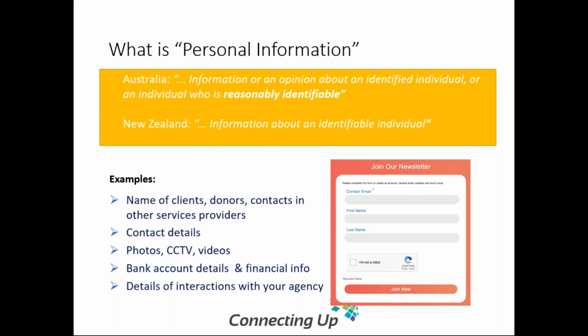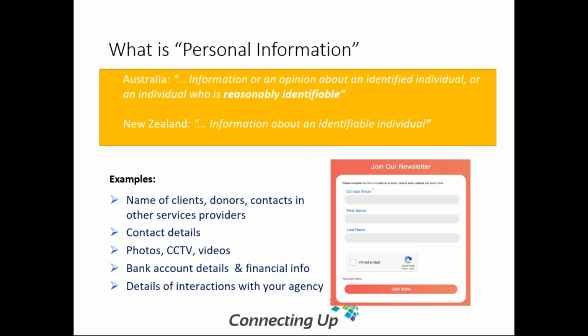So this idea of identifiable means that you may not, in the group of data that you have, be able to identify a particular individual, but if that information can be matched to other information, for example, if you have a health identifier that means you can match that data to other data that will give you details about that individual, then the data set that you have will be regarded as personal data.